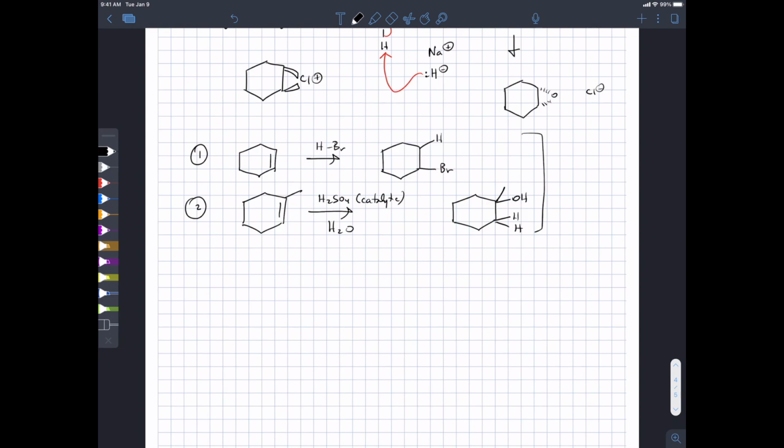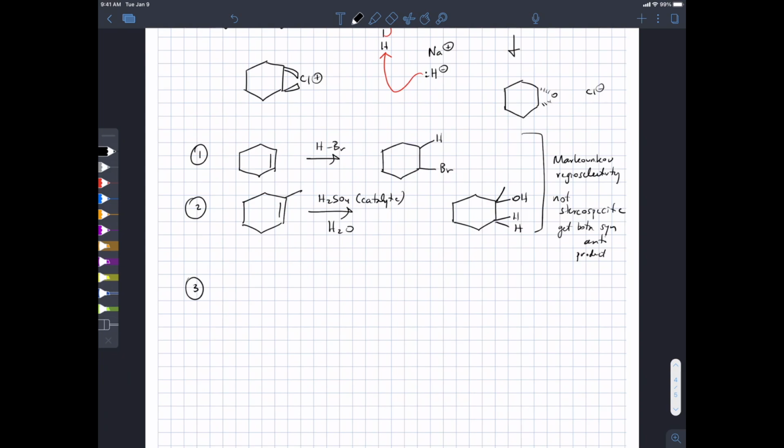So we would say these two reactions have what we've talked about as Markovnikov regioselectivity, but they are not stereospecific, meaning you can get both syn and anti products because you go through the carbocationic intermediate.